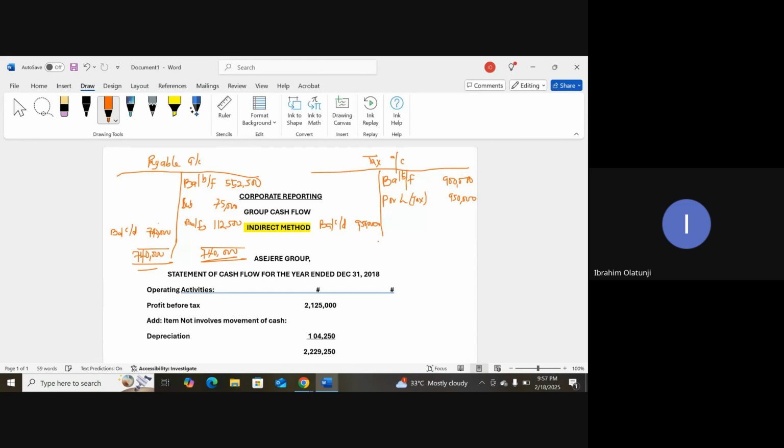Then you add and cast, then look for the difference to know how much is the tax paid. What's the total for this side and this side? 1,850,000.